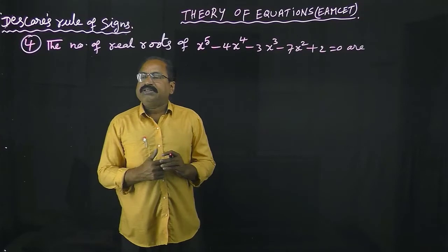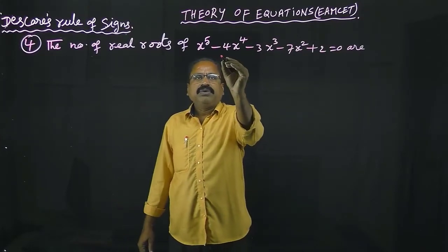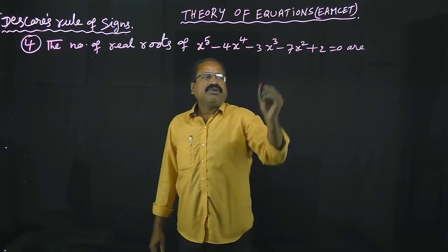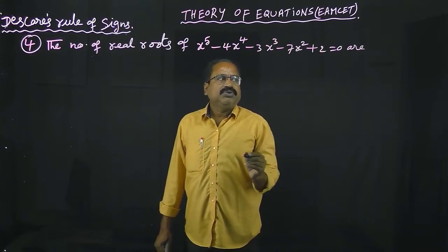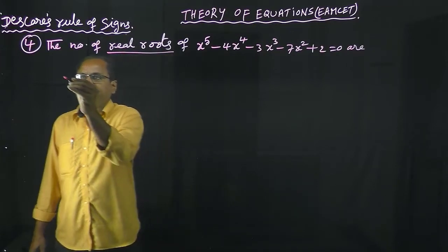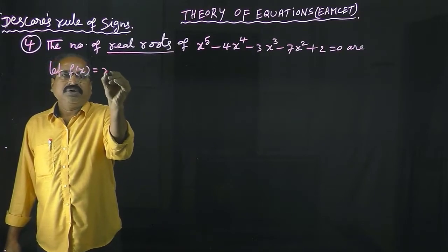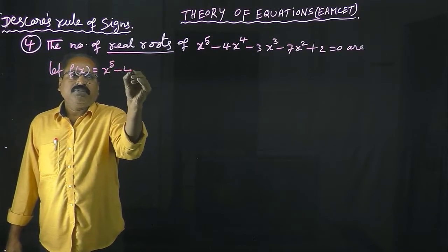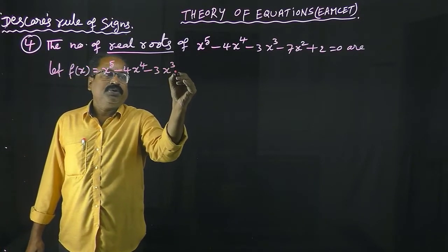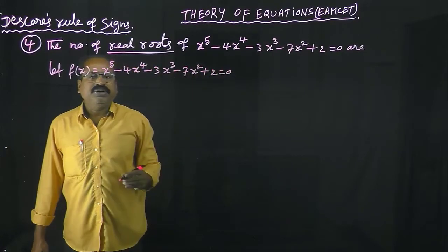So fourth one is, the number of real roots of x^5 - 4x^4 - 3x^3 - 7x^2 + 2 = 0. Let f(x) = x^5 - 4x^4 - 3x^3 - 7x^2 + 2 = 0.